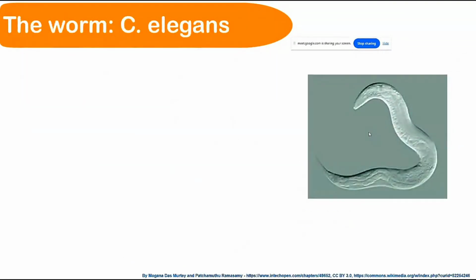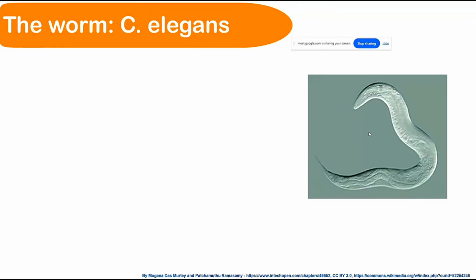I don't know. The second interesting one is the worm C. elegans, right? And after talking about C. elegans, maybe we'll take a small break and start again, because I don't think my talk will be lasting for 2 hours, 3 hours maybe. Maybe we'll finish by 2.5 hours, so maybe 2 hours.